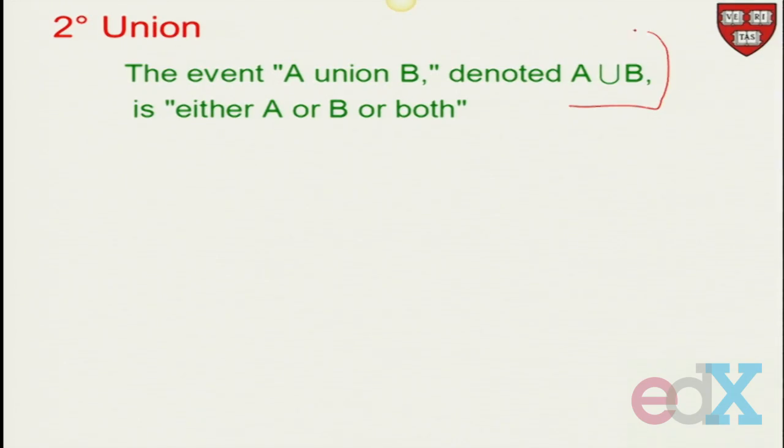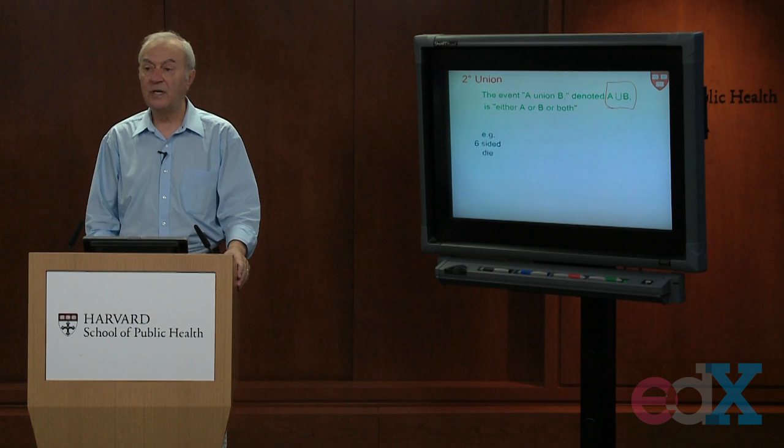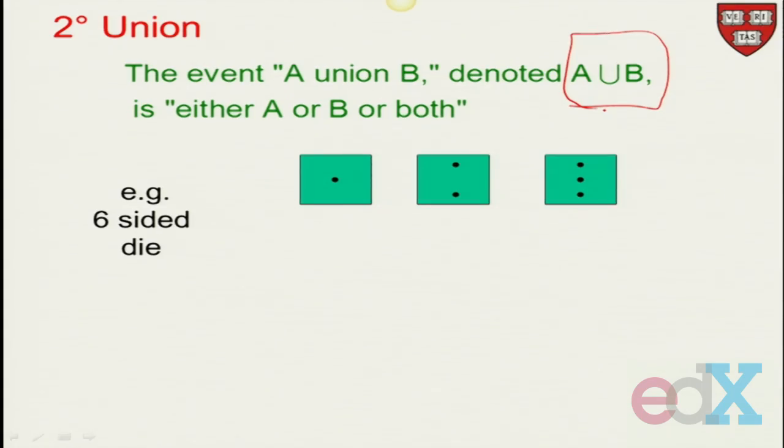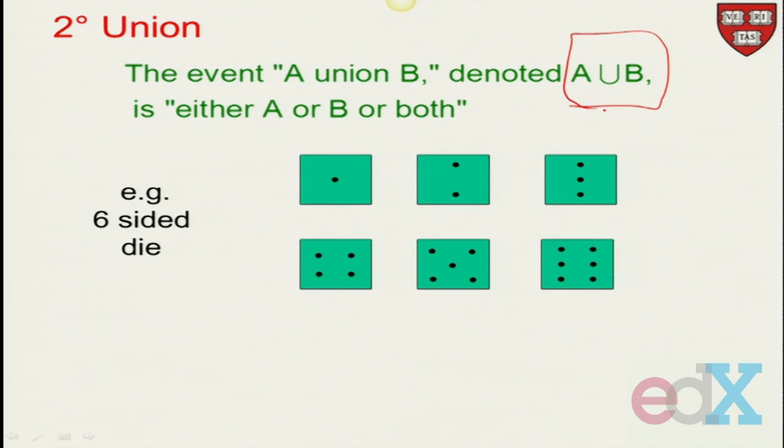The other operation we need is union. So A union B, there is the notation for A union B, says either A or B or both. So it's not the exclusionary or. It's either A or B or both. So when we roll a 6-sided die, we either get a 1 or a 2 or a 3 or a 4 or a 5 or a 6.